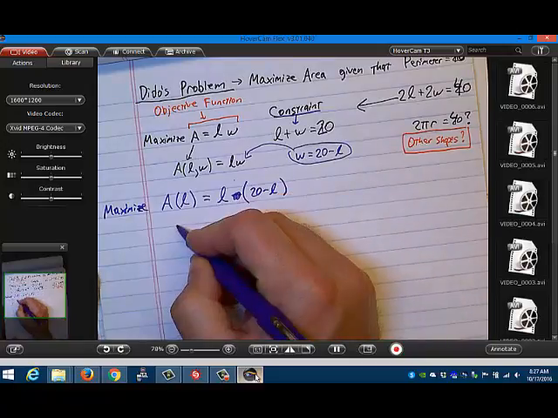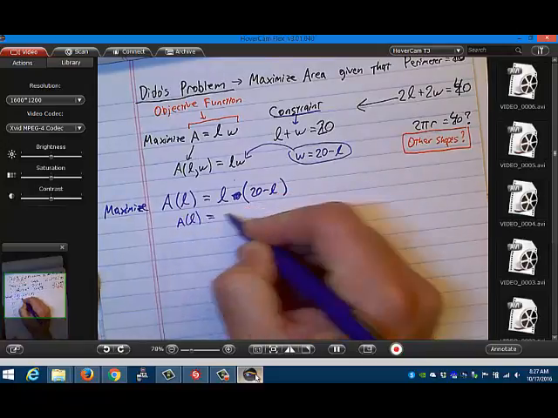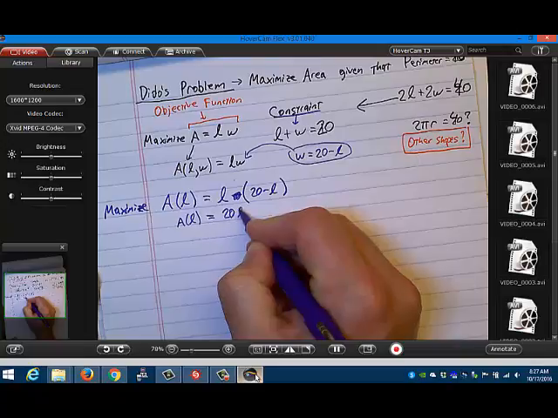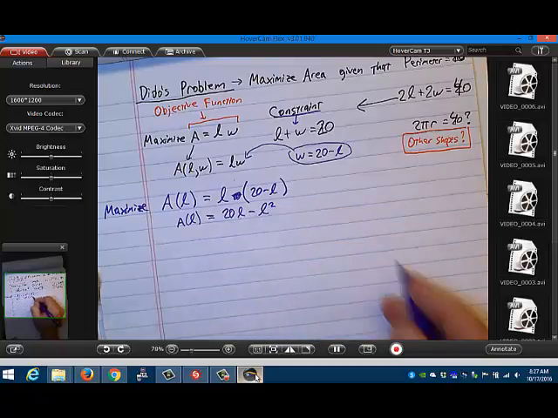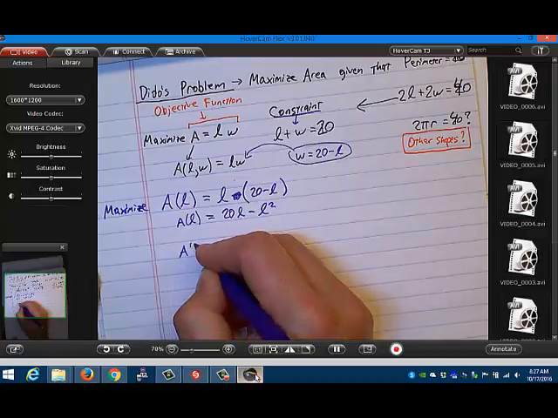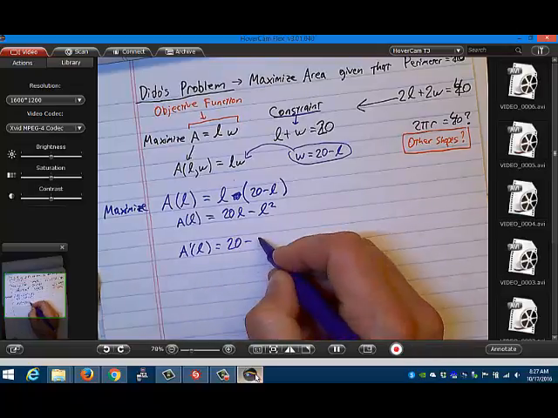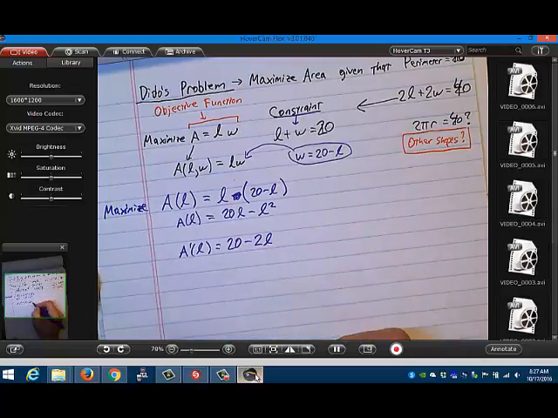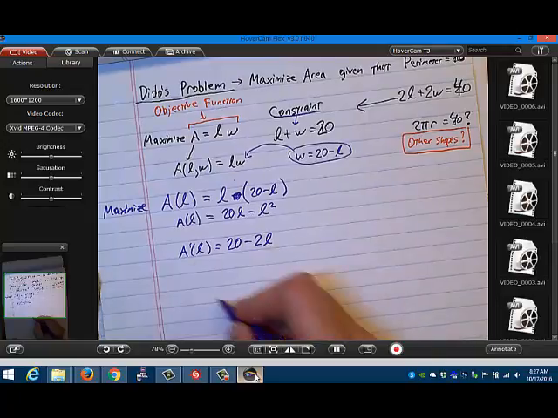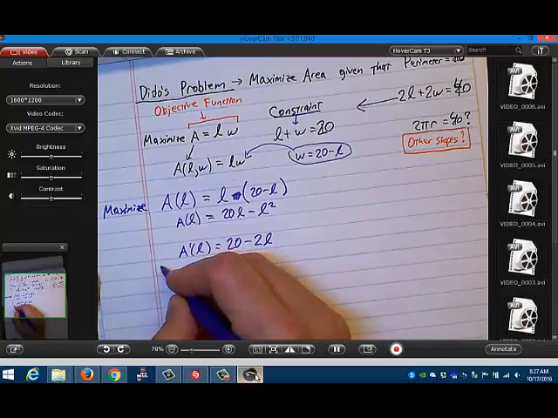If it were me, I would write A of L. Let's rewrite it as 20L minus L squared. Okay. Now I'm ready to take the derivative. What is A prime of L? 20 minus 2L. And so now I want to find the critical values.